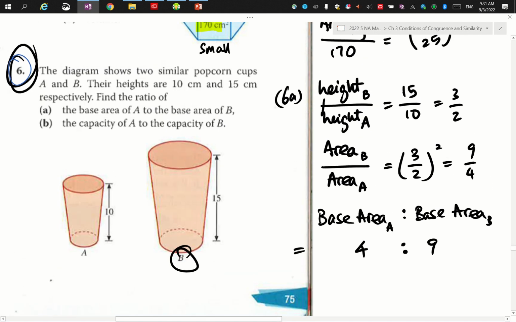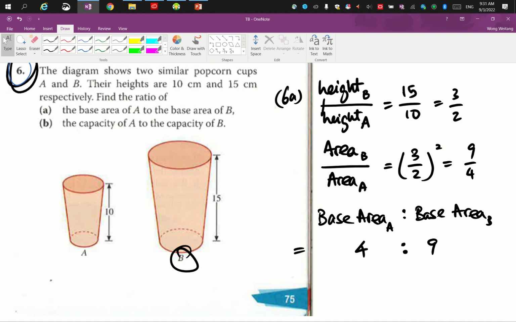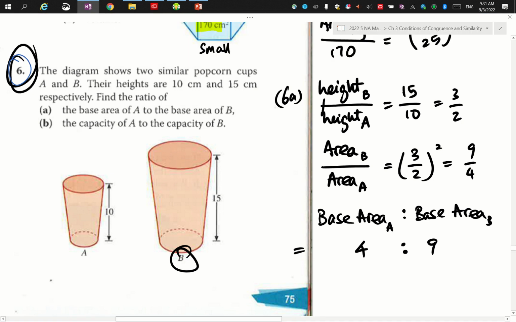So how do we improve on this? This is correct, full marks. How do we improve on this? Look, the question wanted base area of A to base area of B. So I think it would be better if we start off writing the height of A over height of B. Just a slight change only.